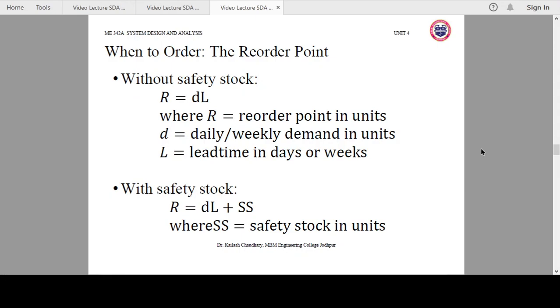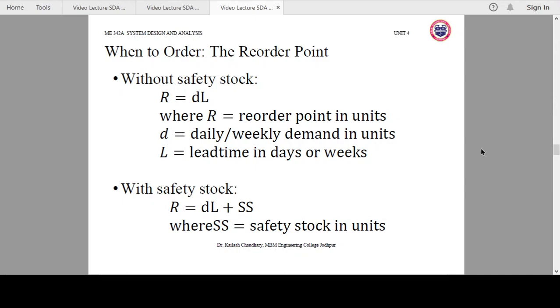Now, when to order? The reorder point is like that: if you are starting your production with 1000 units, and you are continuously consuming those products in your manufacturing activity. Suppose that inventory level, or your stock, moves down to 500. So you started with 1000 units, and now you are consuming those units, and you reach 500 units.